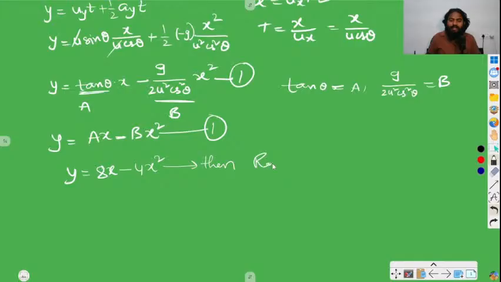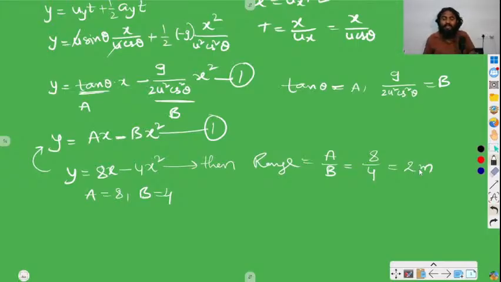They ask for the range formula. If you compare these two equations, a is nothing but 8 and b is nothing but 4, right? The range formula is a by b, which is 8 by 4, that is 2 meters. This is the range of the projectile.